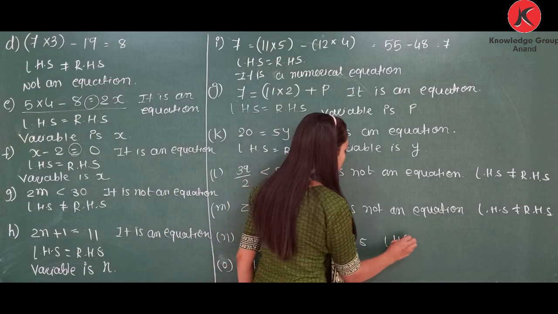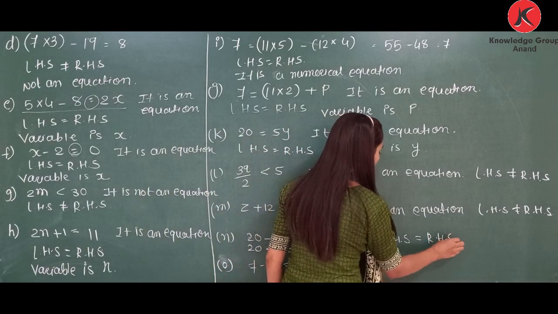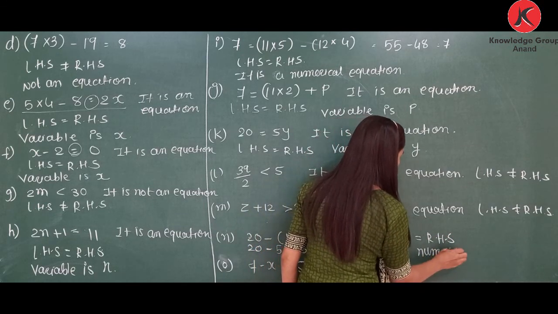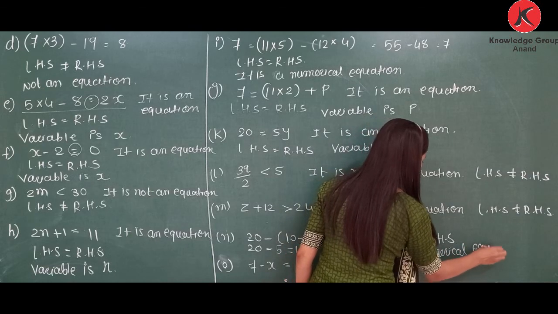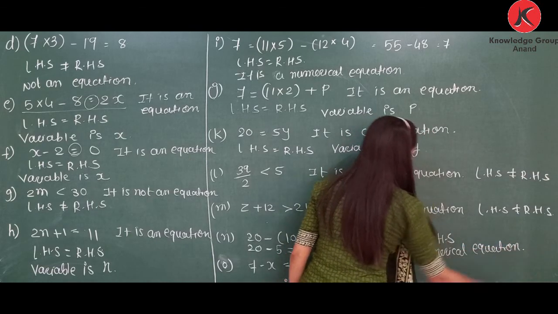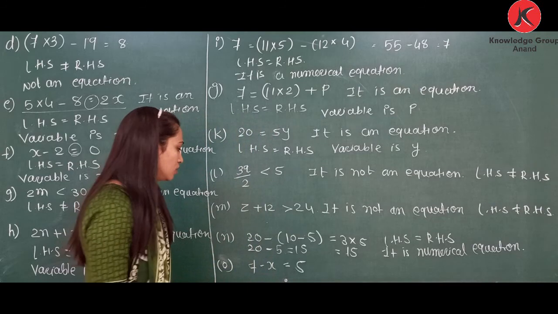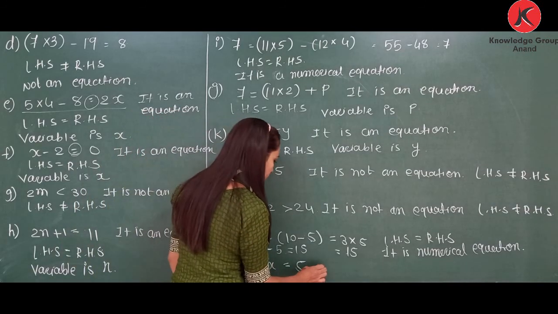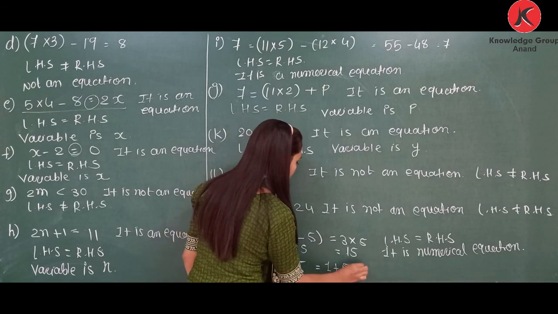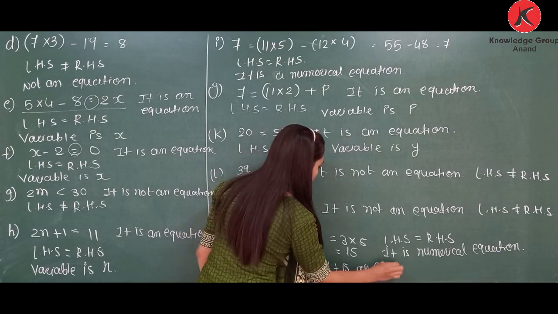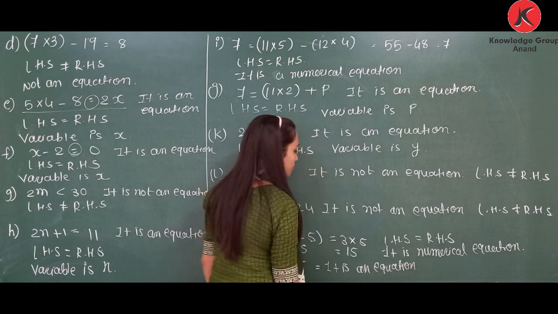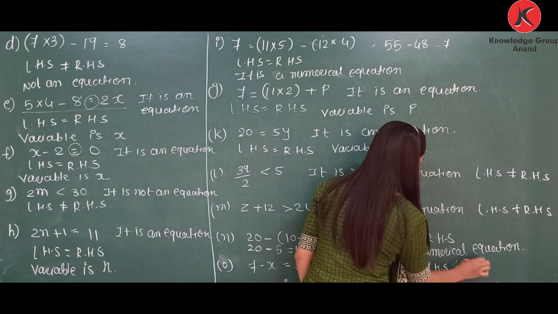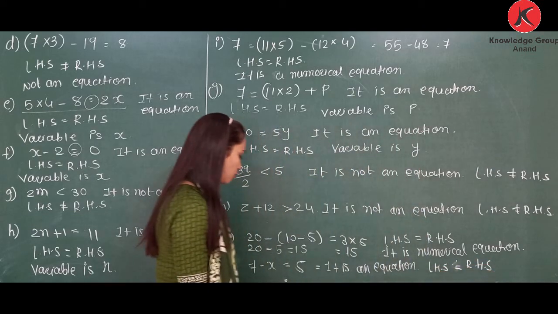So left hand side is equal to right hand side, and there is no variable. 7 minus x is equal to 5. So yes, it is an equation. Reason is same. Left hand side is equal to right hand side and variable is x.